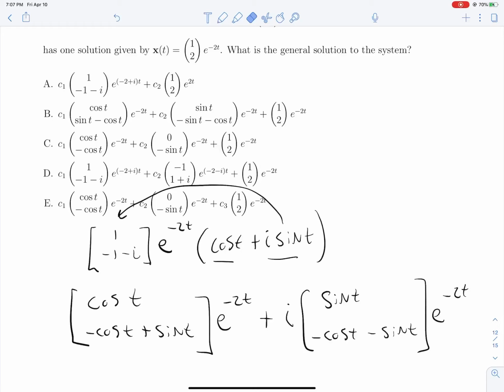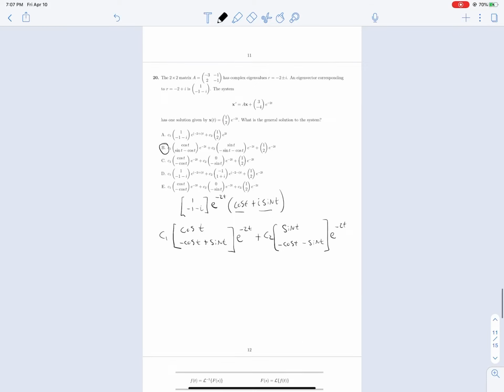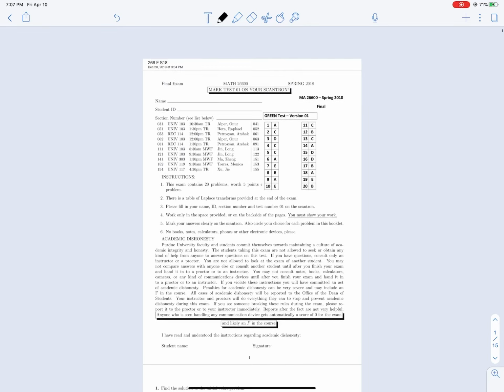And now we can drop this negative 1, add a c1 and a c2, and make sure to include our xp, and we are done. Let's just match this up with one of the equations up there, and it looks like B matches perfectly.